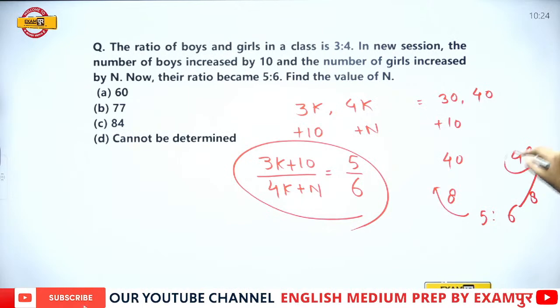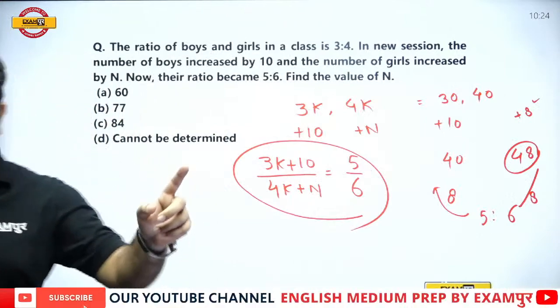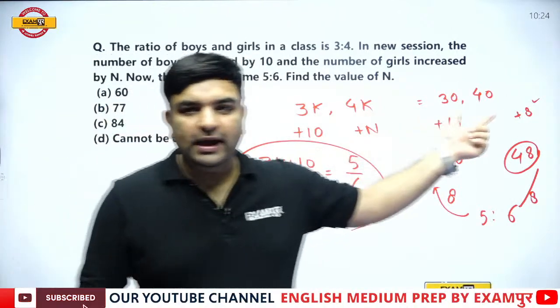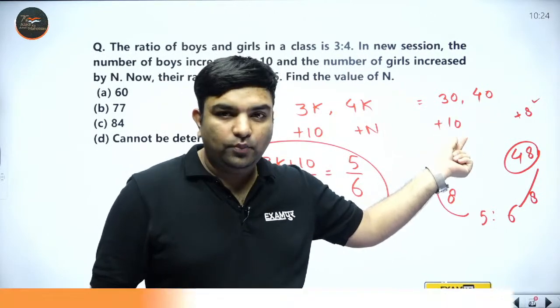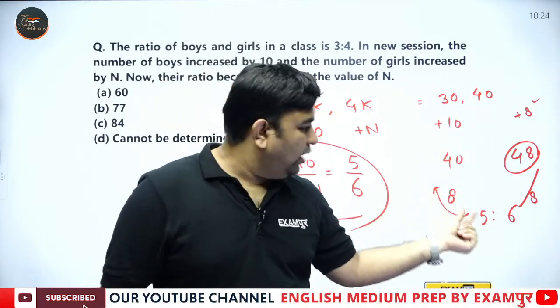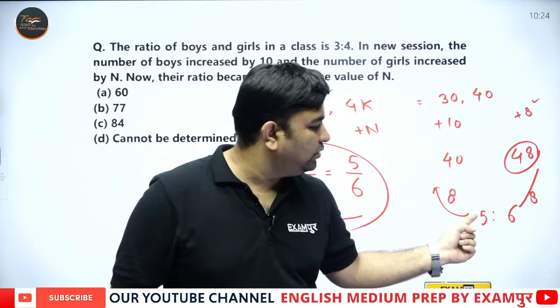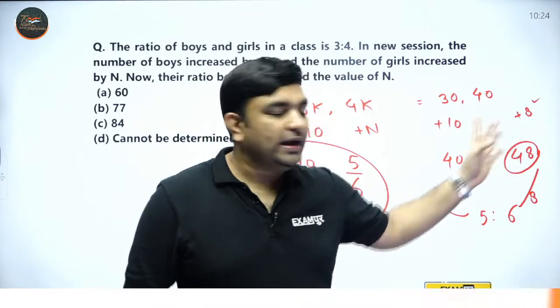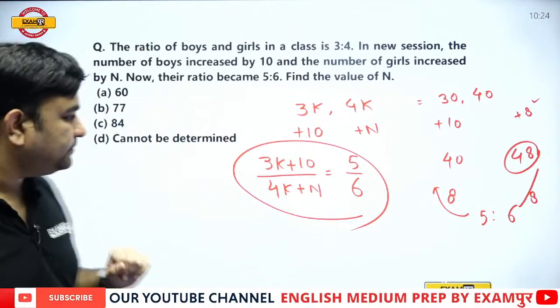So that is possible by adding 8 only. Got my point? Initially 30 and 40, you add 10 boys, they become 40. Now the ratio is 5:6, so 5 is equal to 40, 1 is equal to 8, 6 is equal to 48. So the answer comes out to be 8.